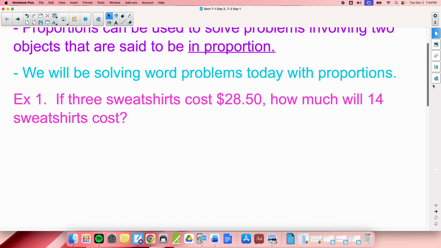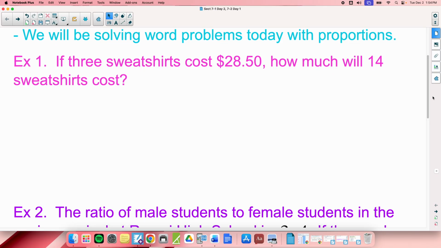So yesterday we talked about proportions and we solved proportions. Today we're gonna be writing proportions and then using them to solve a short word type problem, okay?